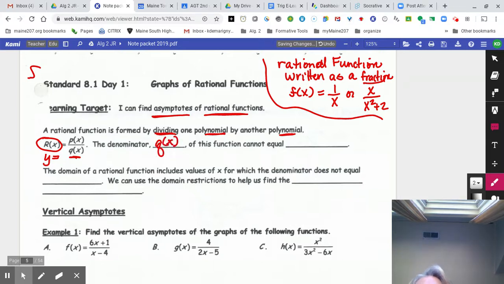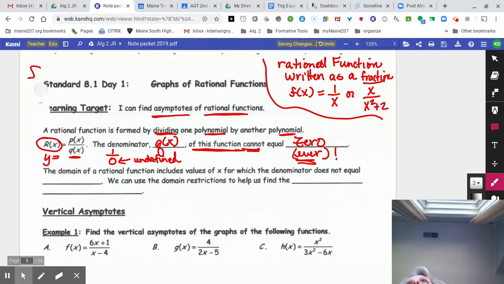And the thing about having this q of x at the bottom is, remember, when we're dealing with fractions, we can't have something that has a 0 at the bottom. So it is undefined if we have a 0 value at the bottom. That's one of our restrictions. The bottom can never equal 0.